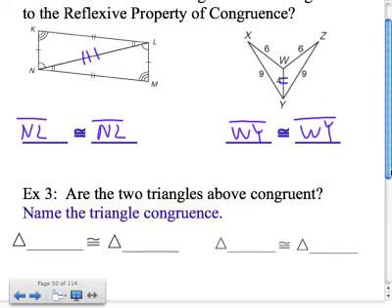Example 3 says, are the two triangles above congruent? Name the triangle congruent. If I look at the first part here, I see that these are congruent to themselves, KN is congruent to LM, and NM is congruent to KL. Check. Three sets of corresponding congruent sides, so they have to be congruent to each other.